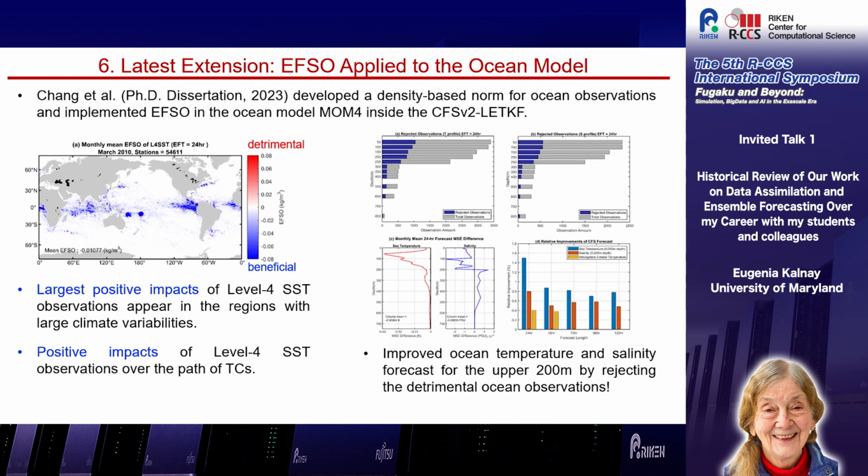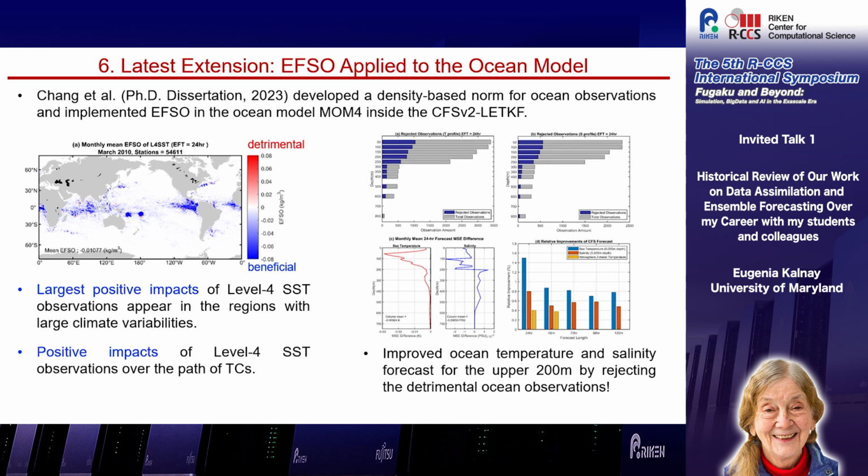More recently, my student Chuchun Chang extended EFSO to an ocean model and got very encouraging results. She developed a density-based norm for ocean observations and implemented EFSO in the ocean model MOM4 inside the CFS version 2 LTKF.